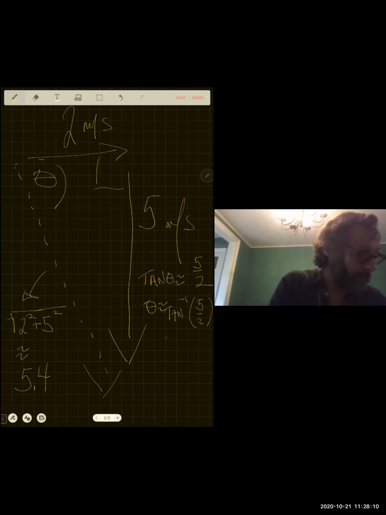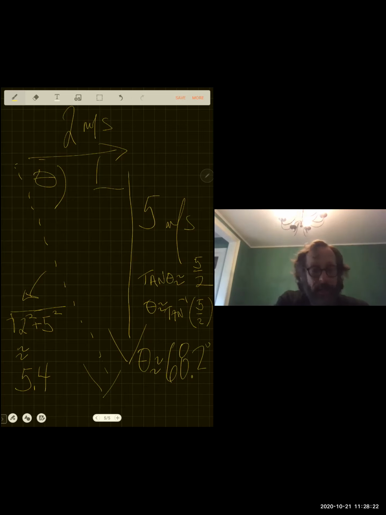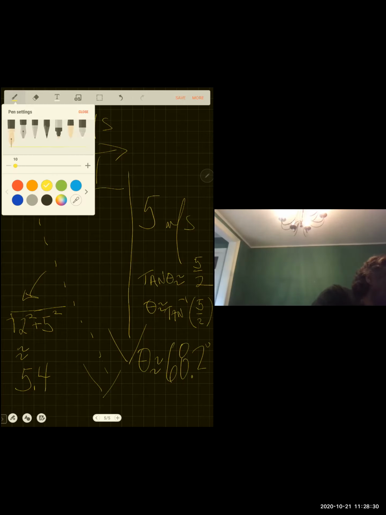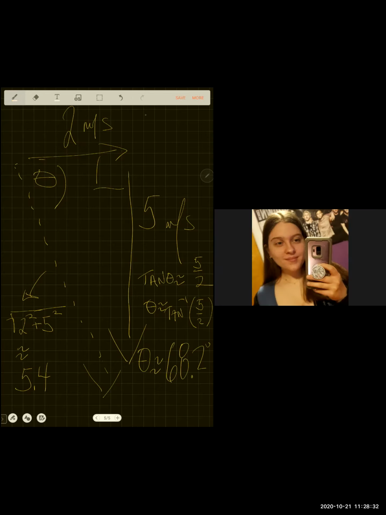So the angle is the arc tangent of 5 over 2, right? And you said that's approximately 68.2? Yes. Okay, that's awesome. Is my diagram more or less a fair representation of what you're saying? Yes, that's exactly what my diagram looks like on my page.